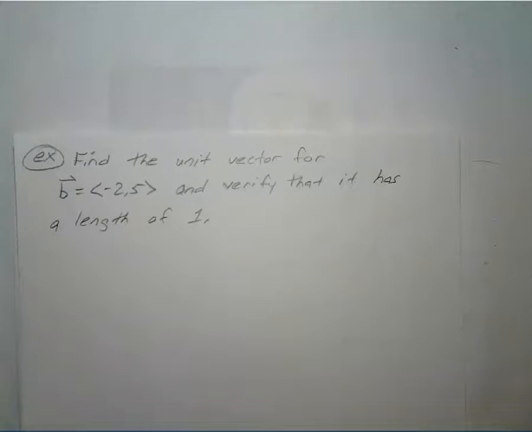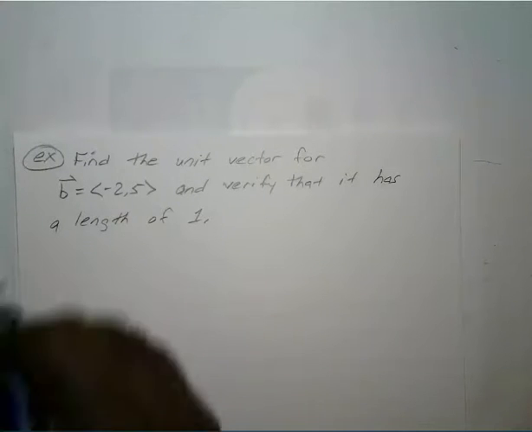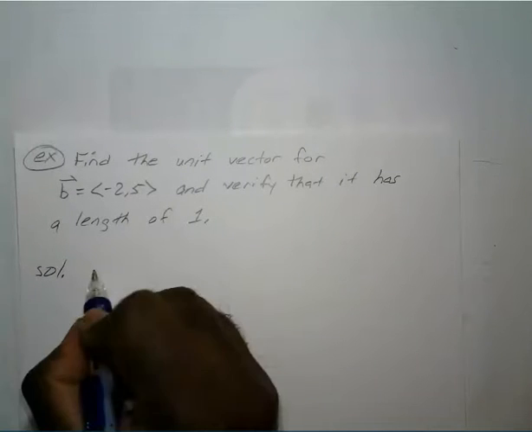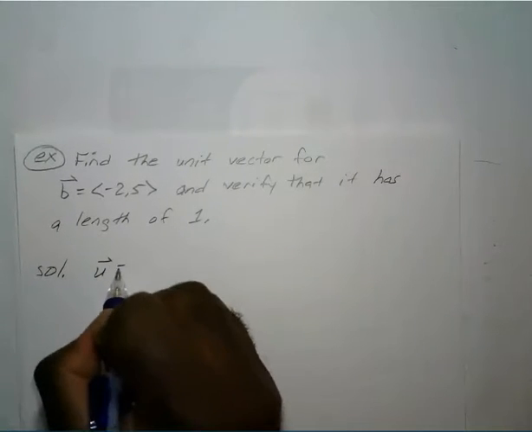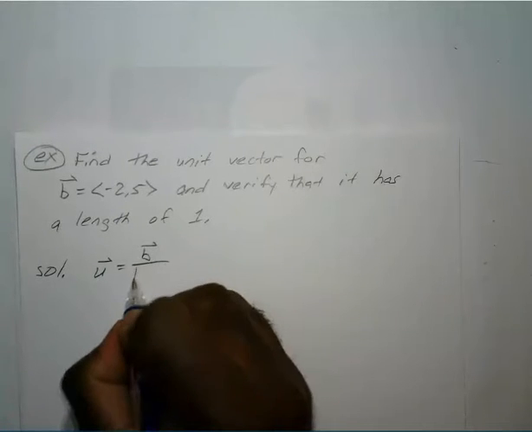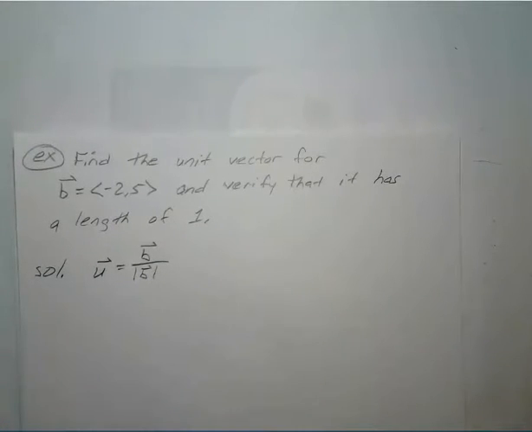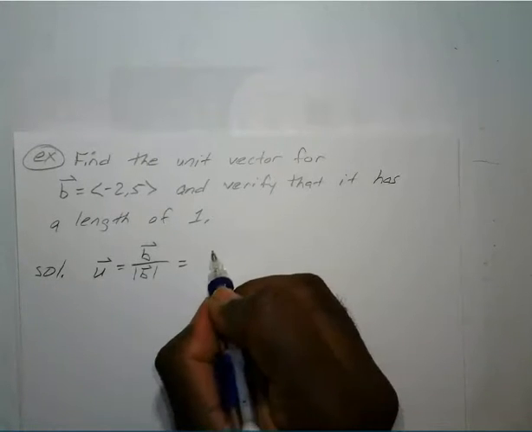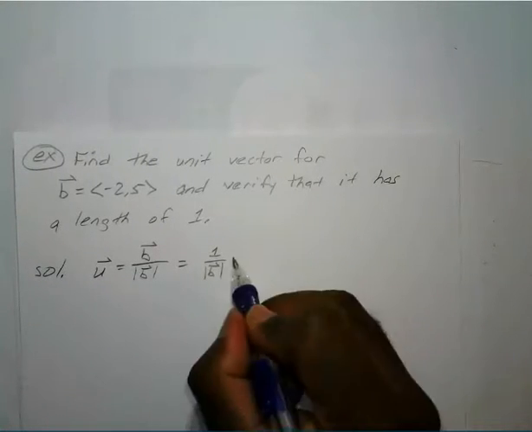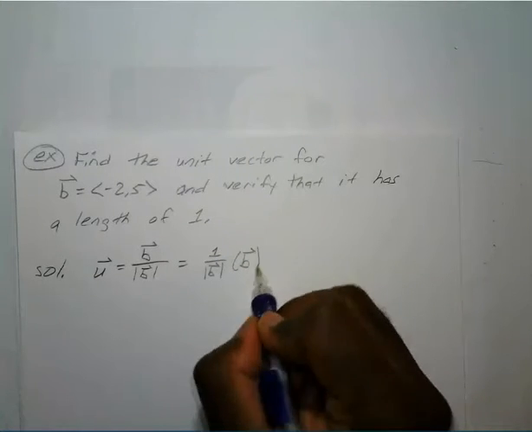So first thing we want to do is find our unit vector. Can't do anything without the unit vector. We know the unit vector is equal to our vector divided by the magnitude of that vector, or we can make it 1 over the magnitude times that vector.